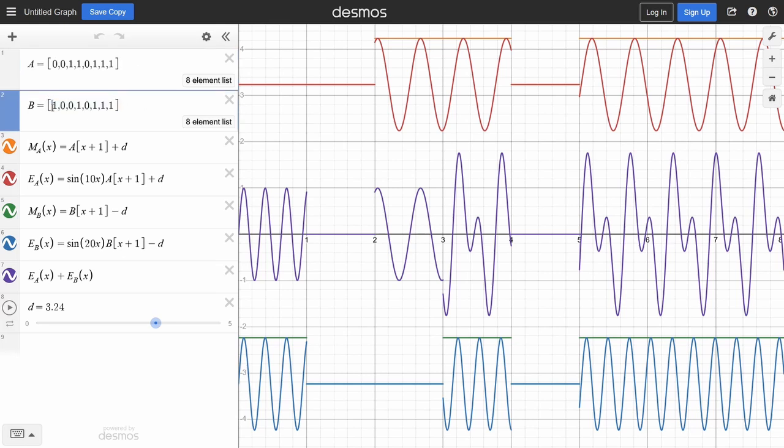Maybe B says something in a low voice, transmits a 1, then doesn't say anything, then says something in a low voice, then doesn't say anything, and says something in a low voice. And then what you'll hear is the combination of those voices at the same time. So you can very clearly pick out, okay, the high-pitched person is talking, and here the low-pitched person is talking. So you can end up deducing what their combination is at any time.